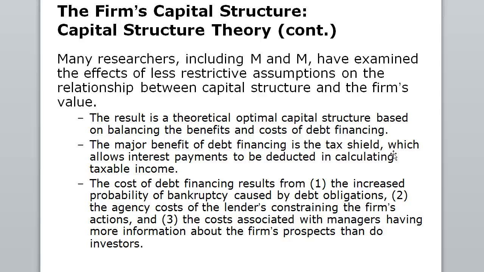The costs of debt financing are the increased probability of bankruptcy caused by these debt obligations, the agency costs of the lender constraining the firm's actions, and the costs associated with managers having more information about the firm than investors do. So here are three restrictive assumptions.